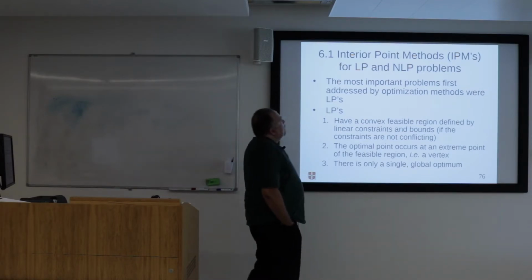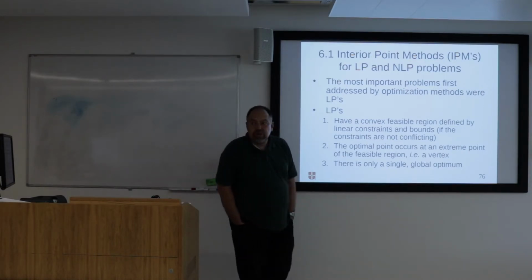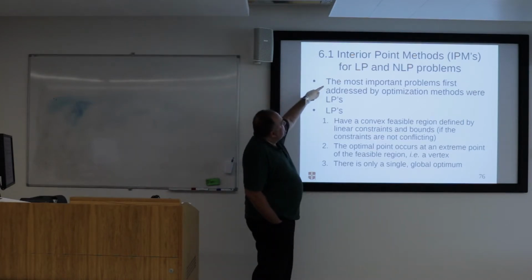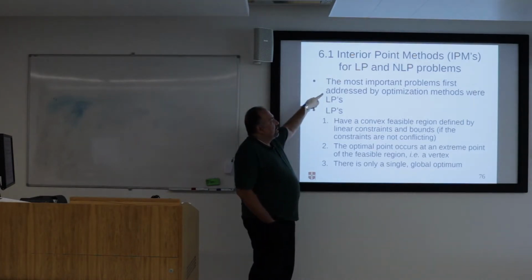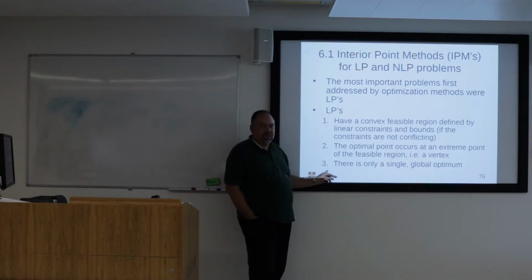So the first type of method I will present within this section is what are called interior point methods for linear programming and nonlinear programming. The first problems addressed by optimization methods were linear programming problems. LPs have the following properties.